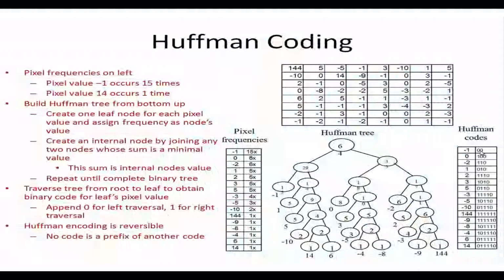Here say 144 is a very high information component. 144 has appeared once. So, what is the code for 144? 1111. See the number of bits over here, all these which are high frequent, -9 was 1. So, the beauty is all these which are having the same frequency have been given the same number of bits. Okay. So, that is the Huffman coding.